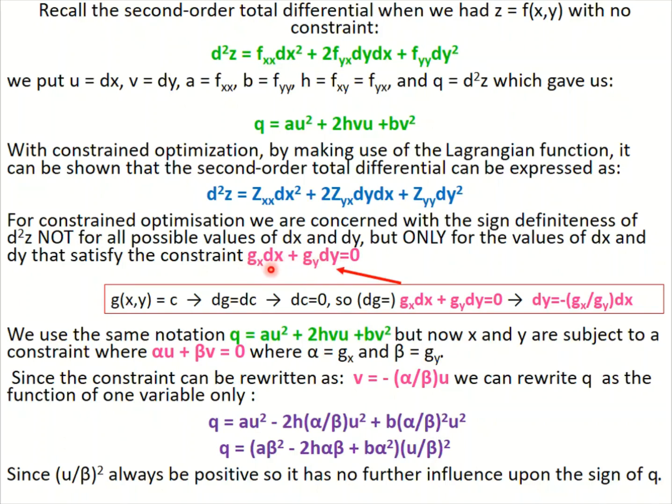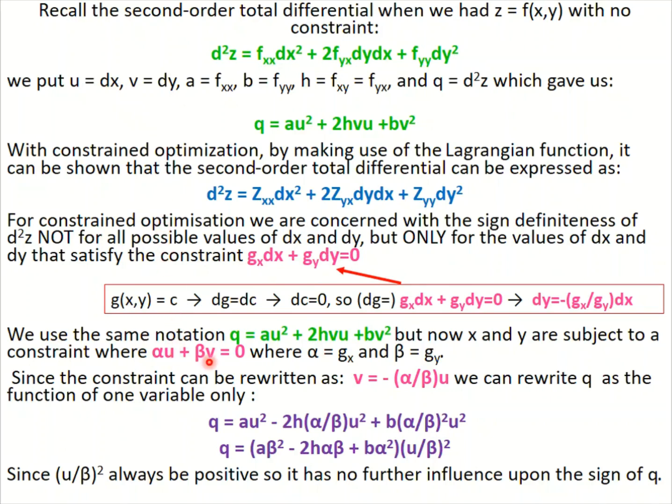If we use alpha to indicate gx here, and we use beta to indicate the gy here, dx and dy, we are still setting those equal to u and v. So we've still got u and v here.